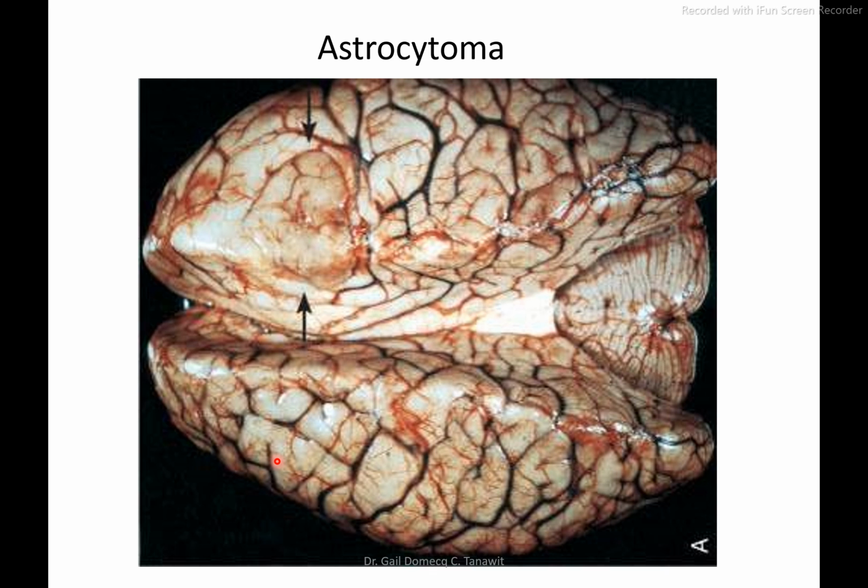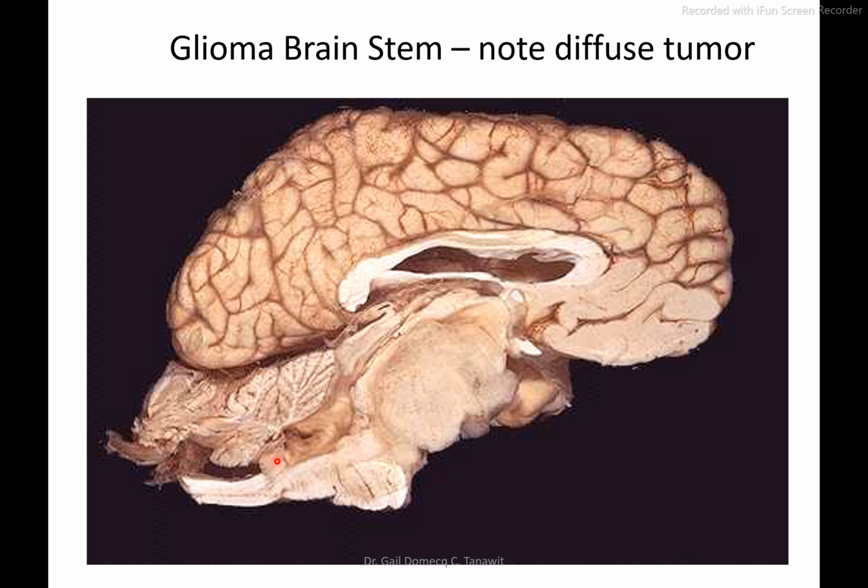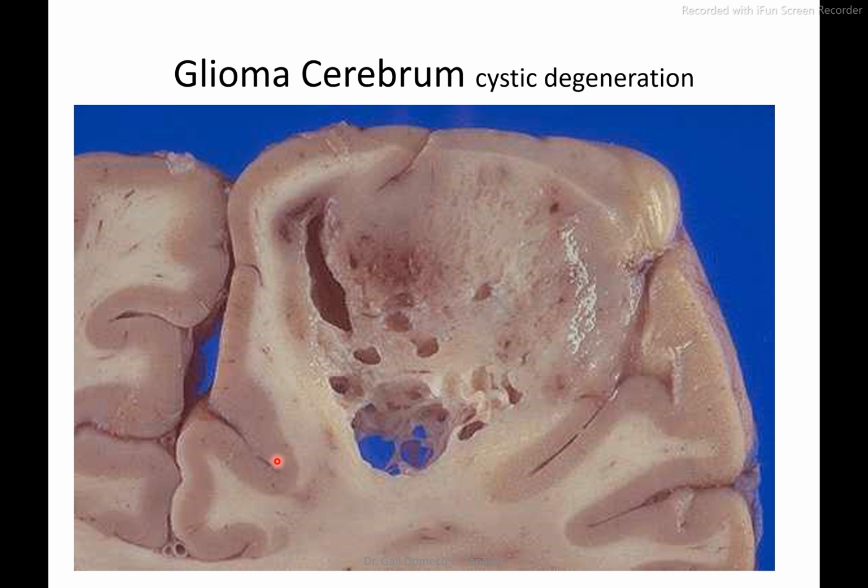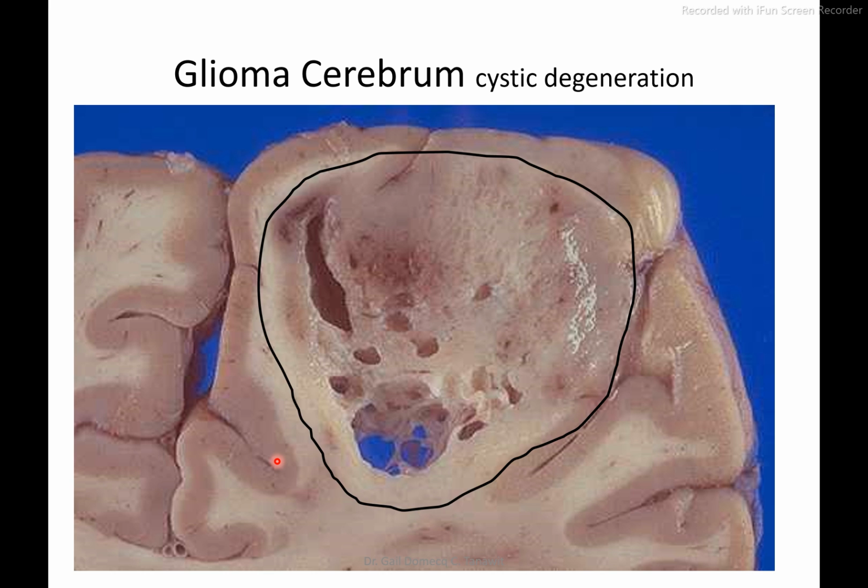Another lesion. That's astrocytoma. Then we can have a glioma of the brain stem. Okay. There'll be a diffuse tumor there. Brain autopsies. Okay. We can have also cystic degeneration of the cerebral hemisphere.